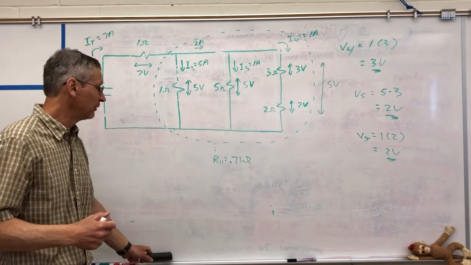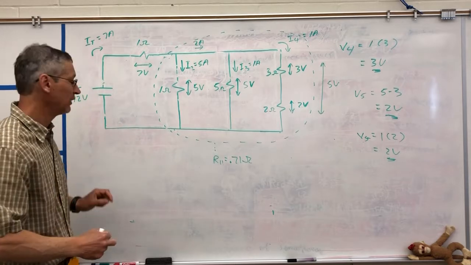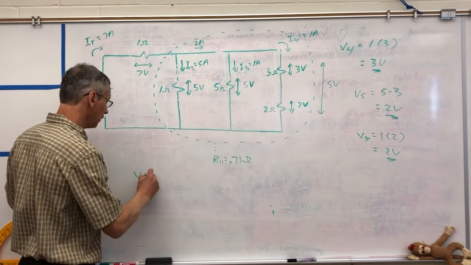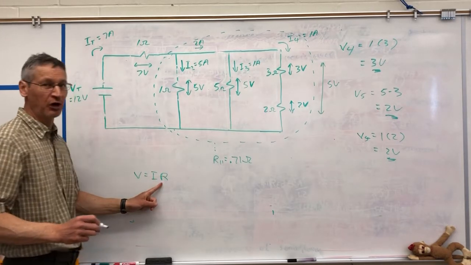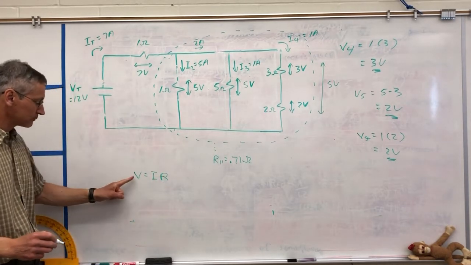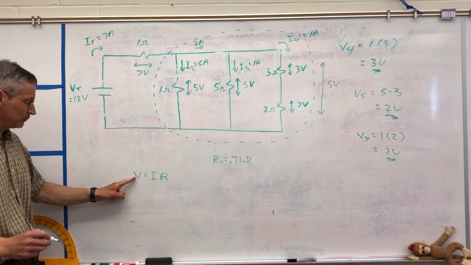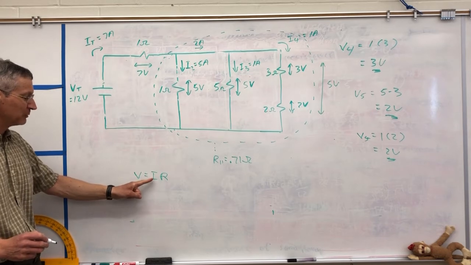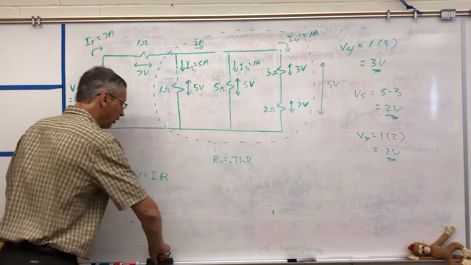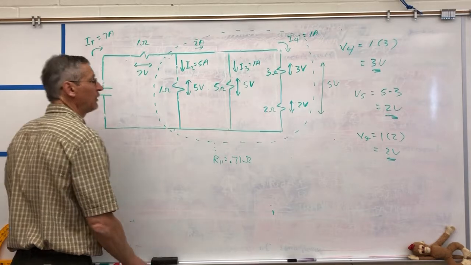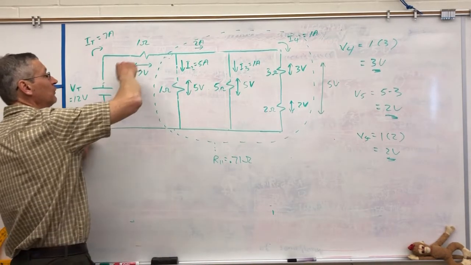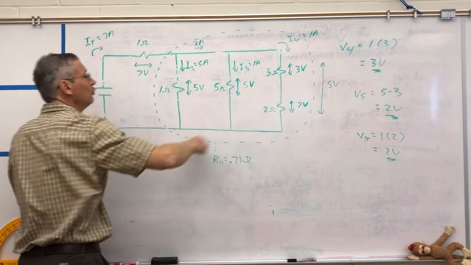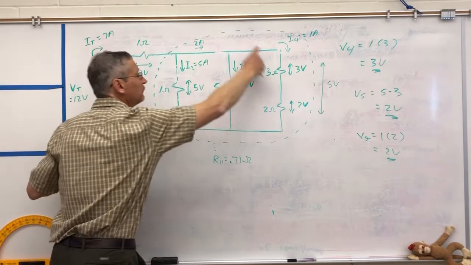Again, just remember, when you're using Ohm's law, whatever resistance you're talking about, this has to be the voltage for that resistance, and this has to be the current for that resistance. And also, when you're looking at something like this, don't see one big ugly circuit. Make sure you see 1, 2, 3 separate circuits.